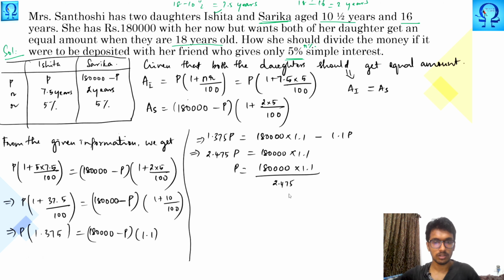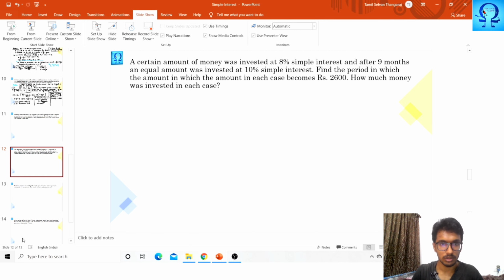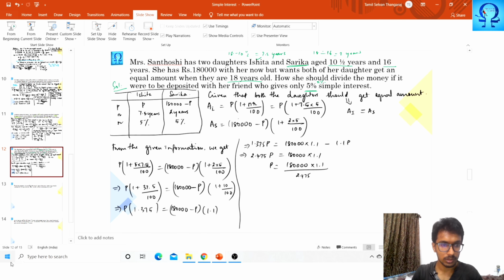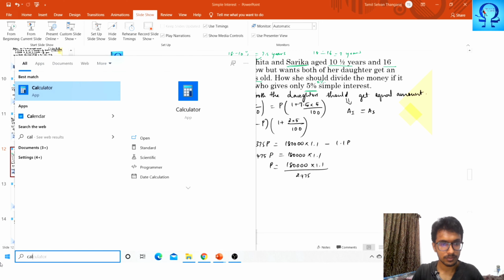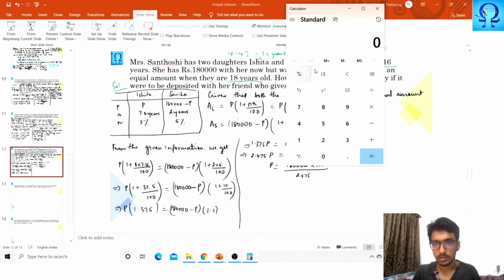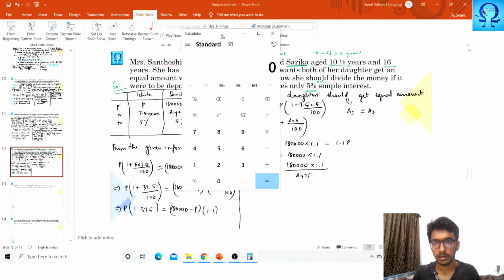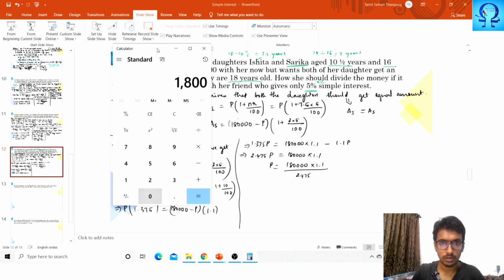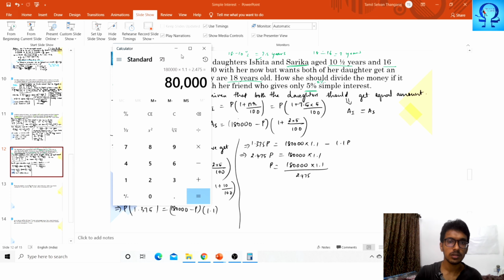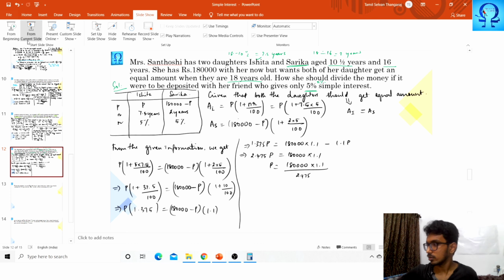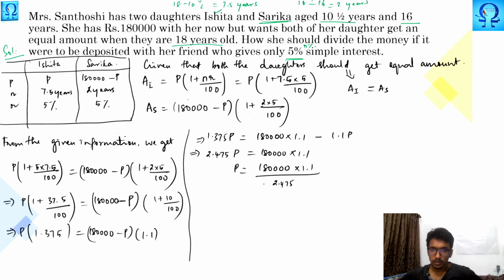Let me make use of the calculator on the computer itself. So even you can see the calculations now. 1,80,000 times 1.1 divided by 2.475 gives me 80,000, right?